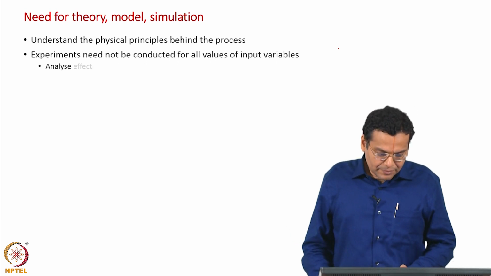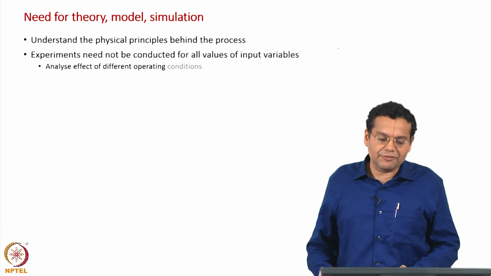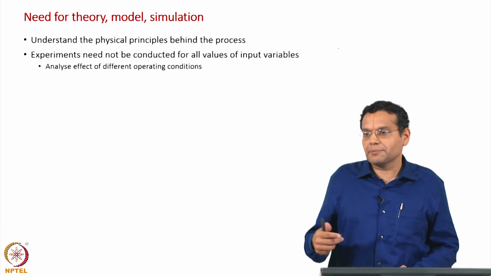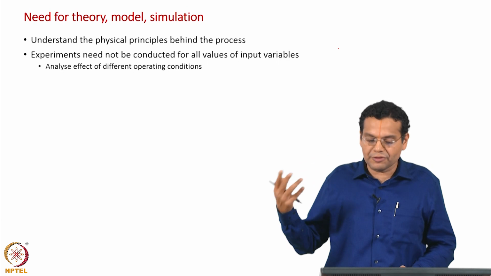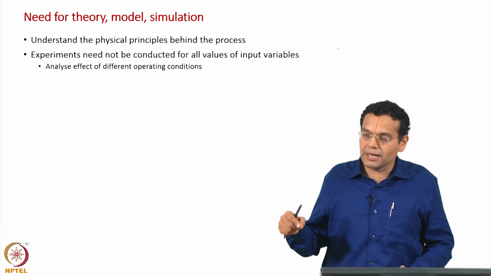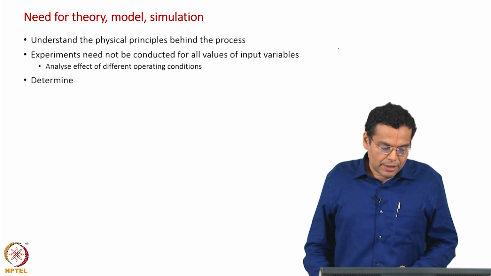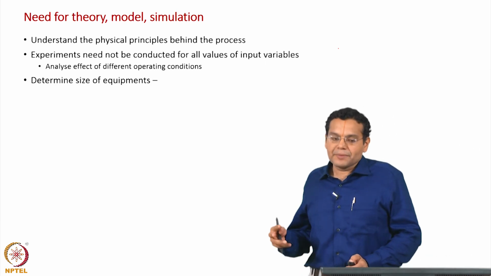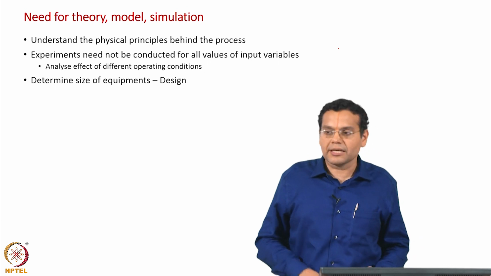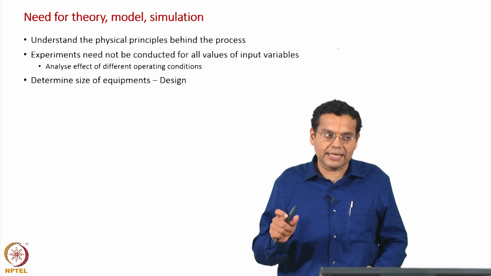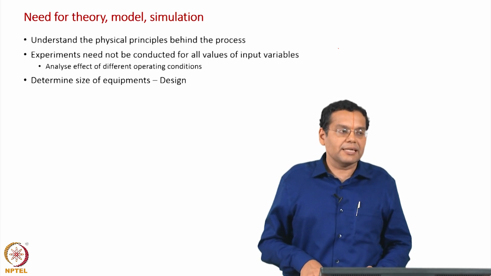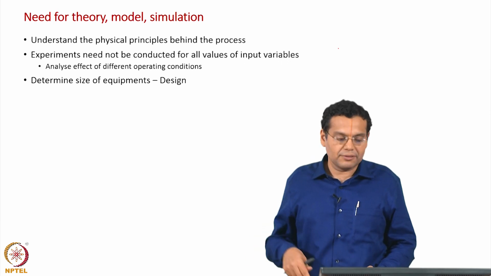Okay. Which means you can analyze the effect of different operating conditions. As I explained, even for different values of input flow rates, you can use the model and predict the outlet flow rate. Okay. You can also determine the size of equipment in a chemical engineering plant, which you call design. Usually when you find size, the terminology becomes design. Okay.